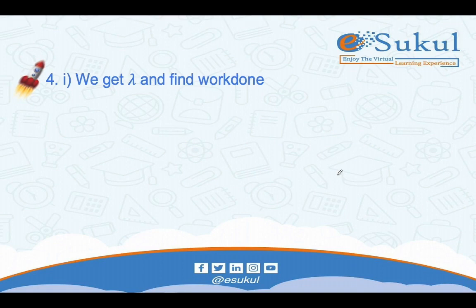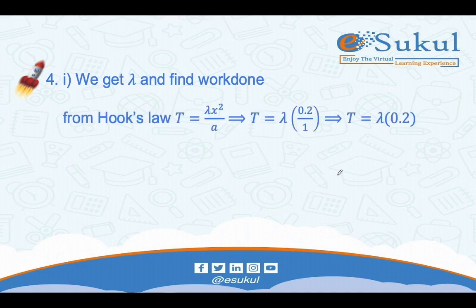So again, we come back to question 4, which is under Hooke's law, where we have to get lambda. We are given an elastic string AB of natural length 1 meter, and we want to get the modulus of elasticity lambda, and then we find the work done. We remind ourselves that from Hooke's law we have the tension given as lambda x over a.